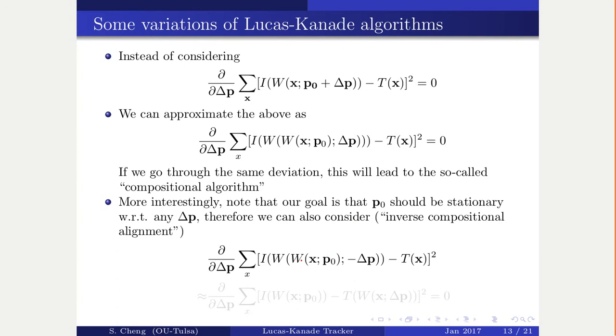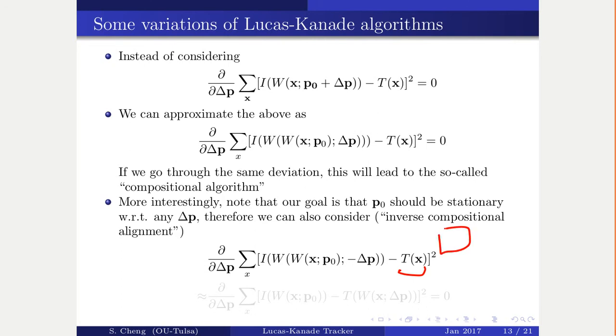But now the key point here is that instead of warping the image twice, first by p0 and then by minus delta p, in the second warping we don't really need to warp the image by minus delta p. We may warp the template or the target image by delta p instead.